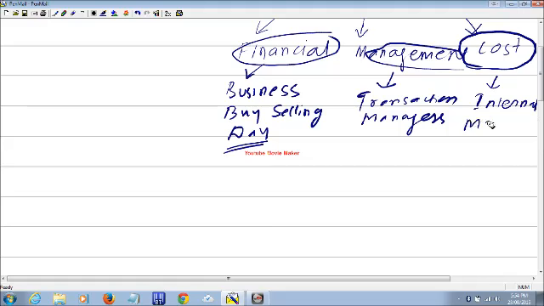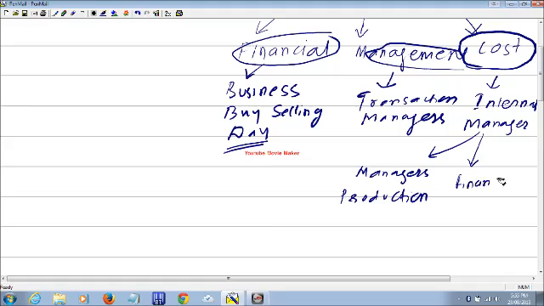Now, cost accounting is required for the internal management, which may comprise different managers who are working in the production department. It may also be required for the financial department.